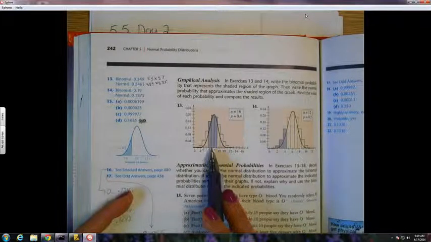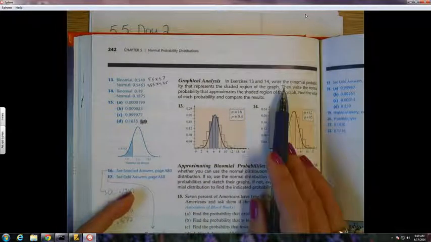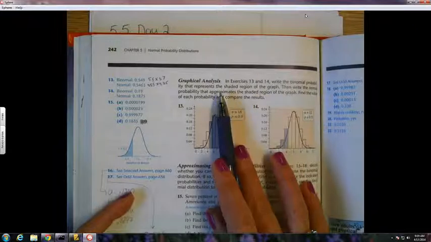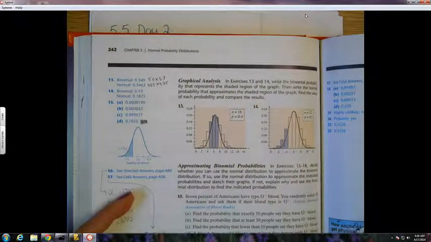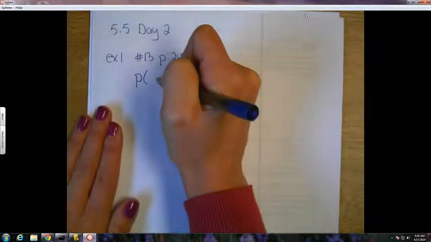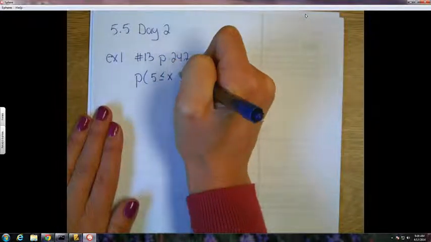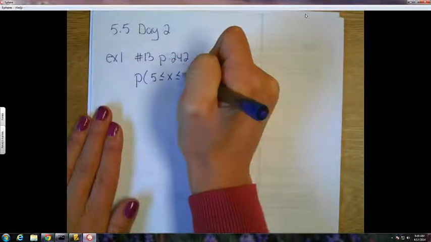It's which bars are shaded, and remember the binomials are the whole numbers. So that's the first thing it asks us to do, write the binomial probability represented by the shaded region. So we are looking at the probability that 5 is less than or equal to x is less than or equal to 7.